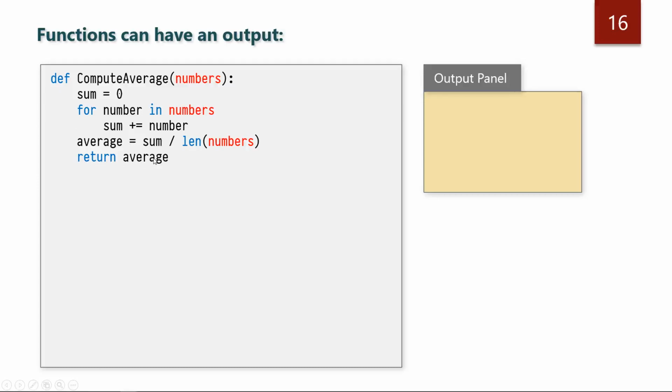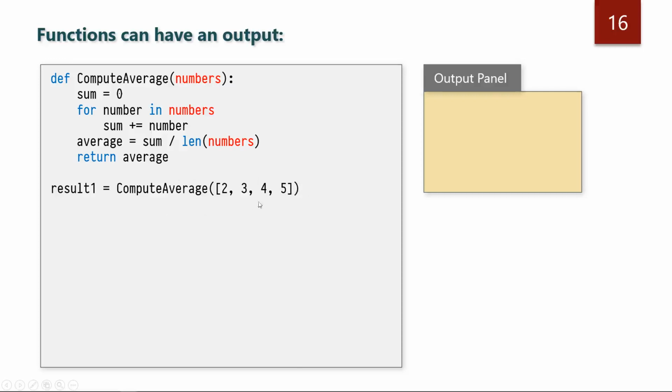What does this actually do? When I call this function, compute average, forget about the result 1 equal part. Just look at this: we invoke the function and give it input parameters. It's going to do something inside. Once it finishes, it will return average. After this finishes, I will get the value of average.